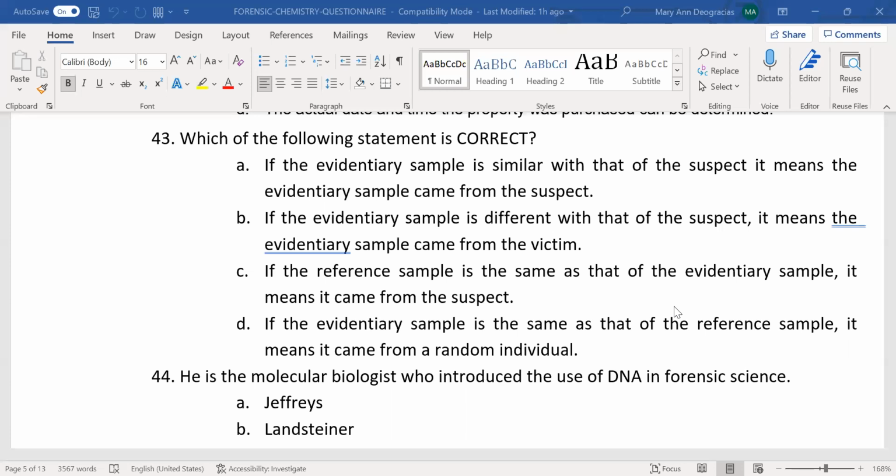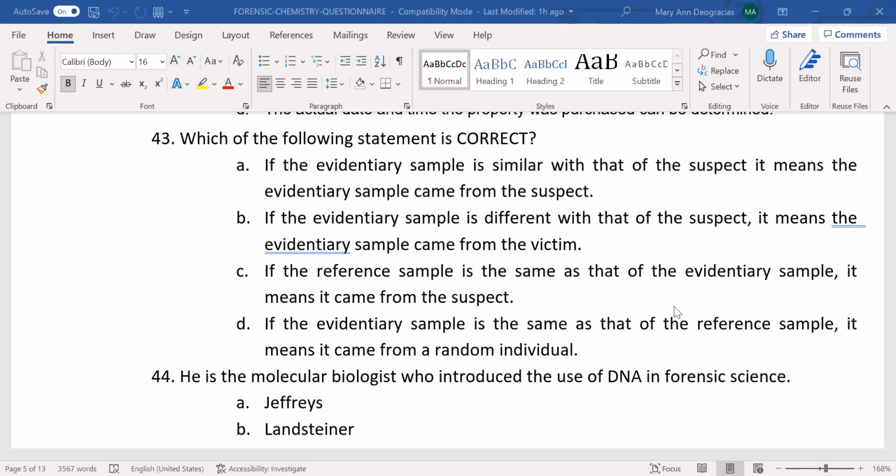Letter B, napaka-vague niya. Sobrang malawak. If the evidentiary sample is different with that of the suspect, it means the evidentiary sample came from the victim. So sa lahat ba ng pagkakataon, yung evidentiary sample galing sa victim? Hindi naman, di ba? So napaka-vague nung letter B. Sobrang malawak siya. Malay nyo, sa ibang tao galing yan. Hindi naman galing talaga sa victim, di ba? Meron pang ibang suspect. Yun yung ibig sabihin ng letter B. Sa mali si letter B.